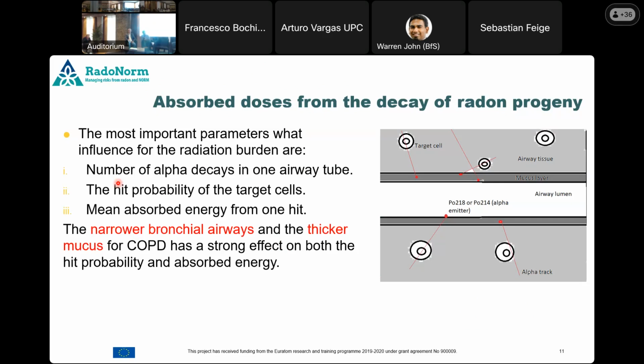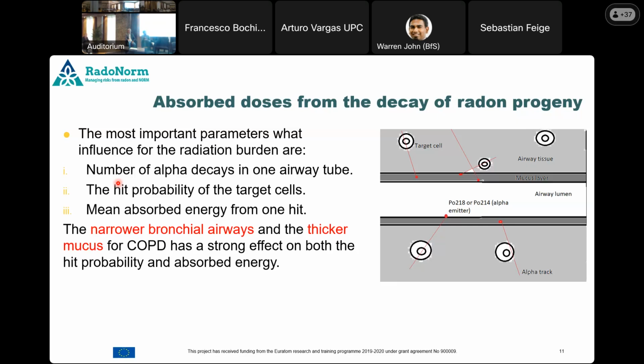So in the small bronchial region, there is a small number of alpha decays in one tube, but the hit probability on the target cells and the mean absorbed energy are much bigger because the airways are smaller. So the target cells will be much closer to the alpha emitters.